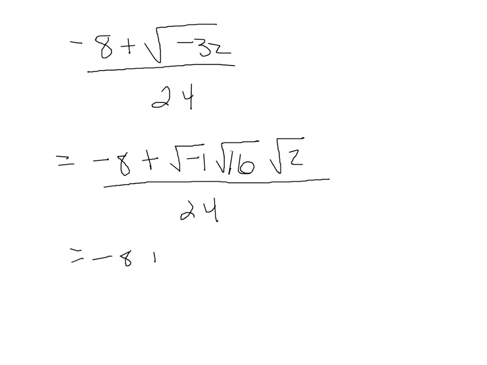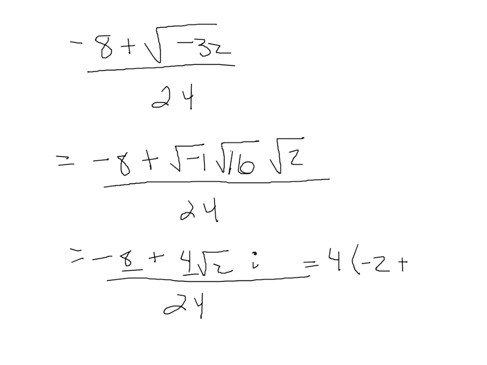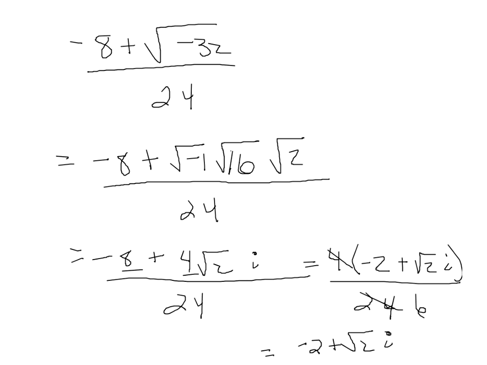So I get -8 plus 4 square root of 2 i all over 24. Now here I can factor out a 4. I'm left with -2 plus square root of 2 i all over 24. And 4 goes into 24 6 times, so finally I get -2 plus the square root of 2 i all over 6.